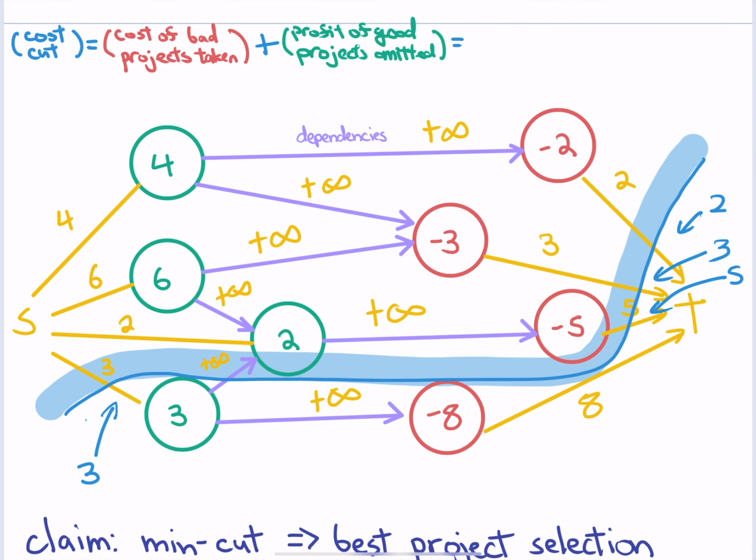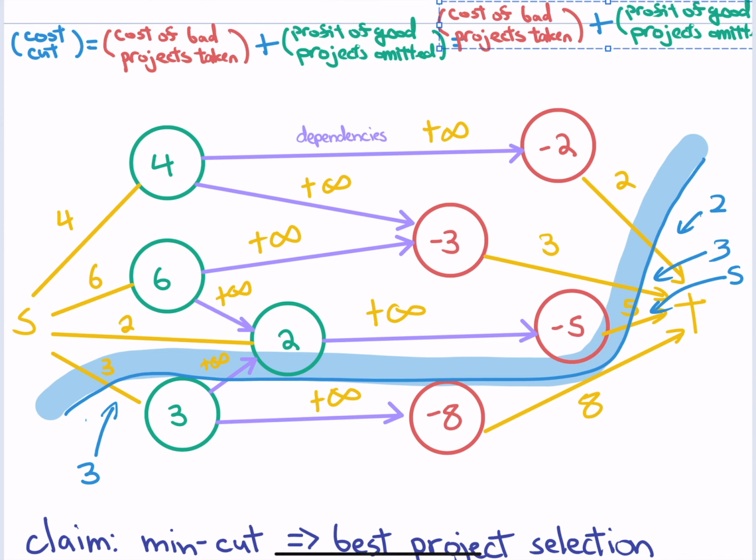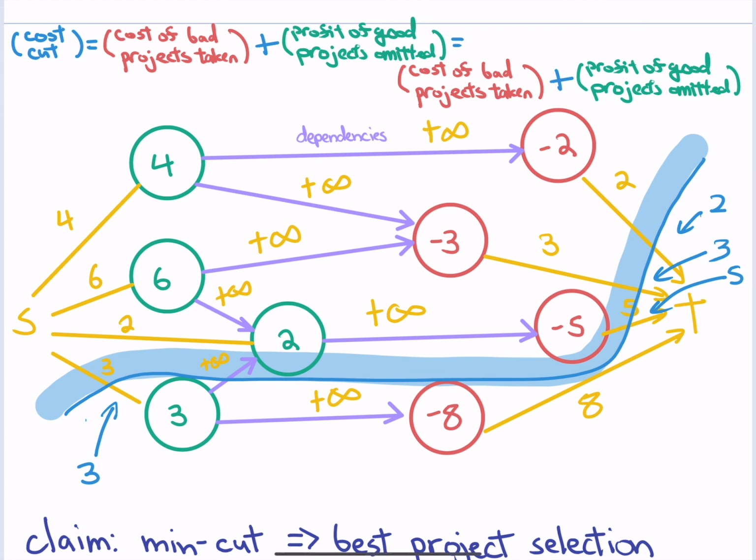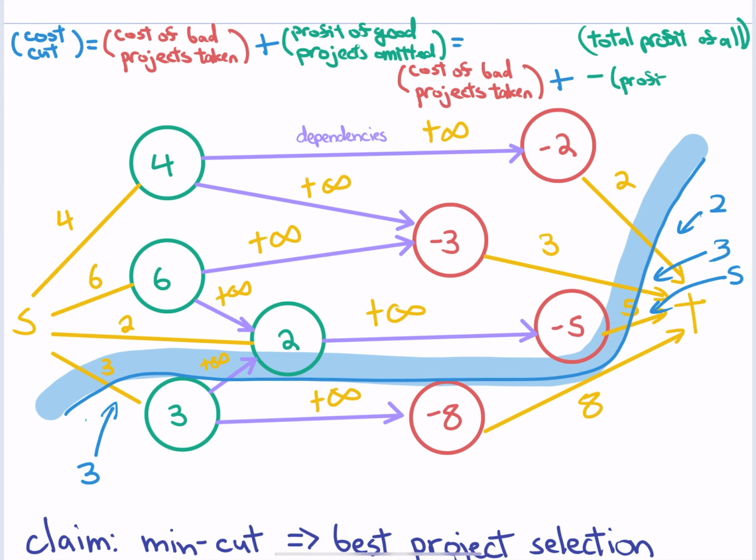And this is equal to the total profit of all the good projects minus the profit of good projects taken.